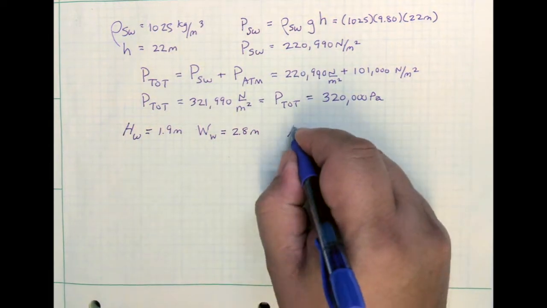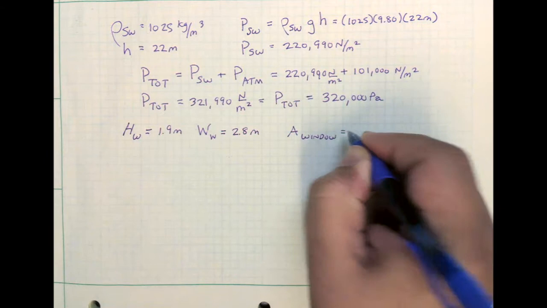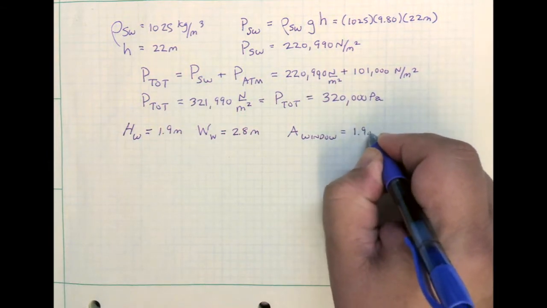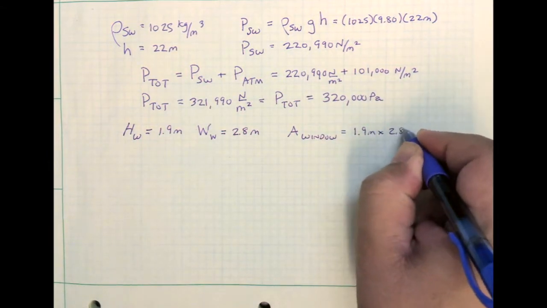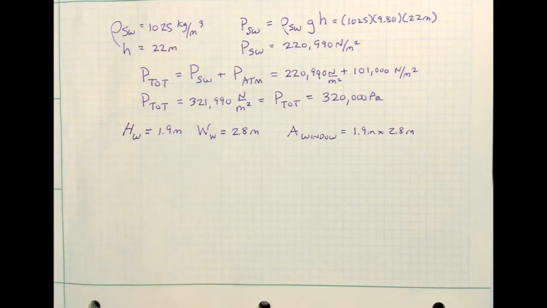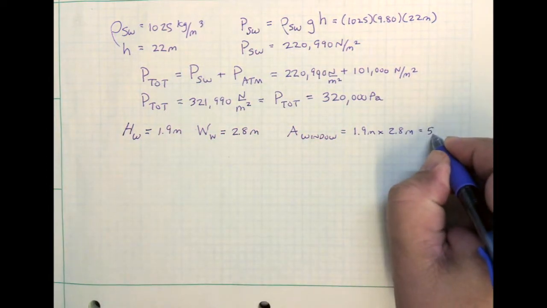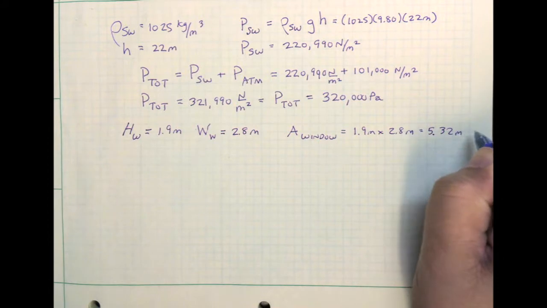This allows us to calculate the area of the window, which is 1.9 meters times 2.8 meters. And so the window has an area of 5.32 square meters.